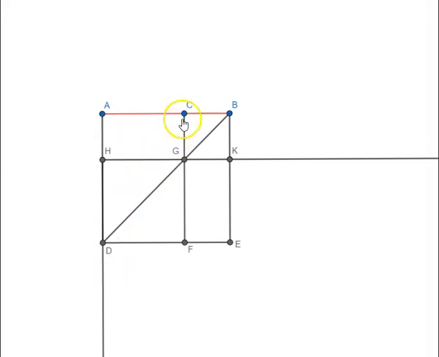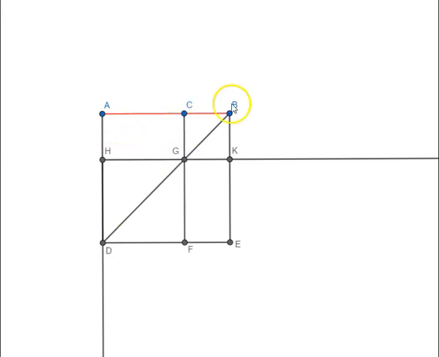Now let's look at proving that this is a square and this is a square. Now these two are parallel lines and this DB is a transversal between those two parallel lines. That means CGB is equal to ADB, corresponding angles. Now ADB is equal to ABD. Why? Because again, angles opposite to equal sides, because AB is equal to AD.